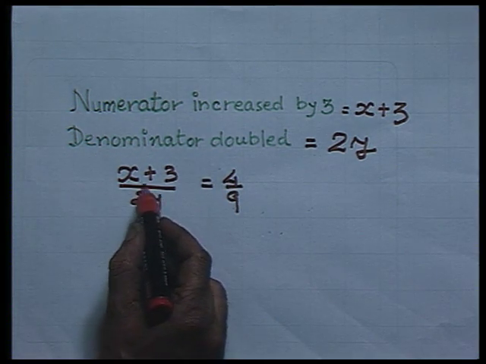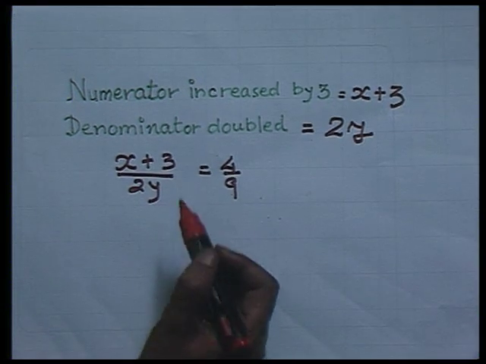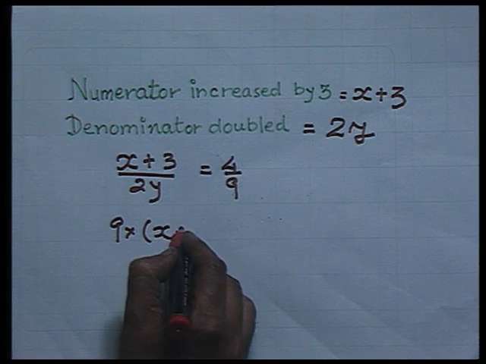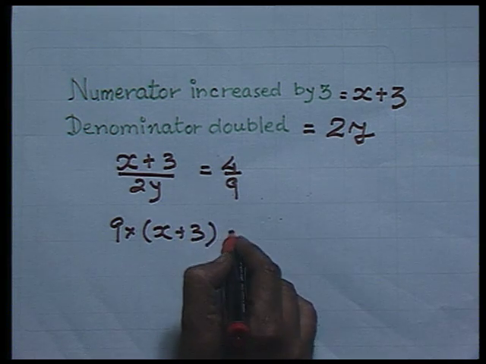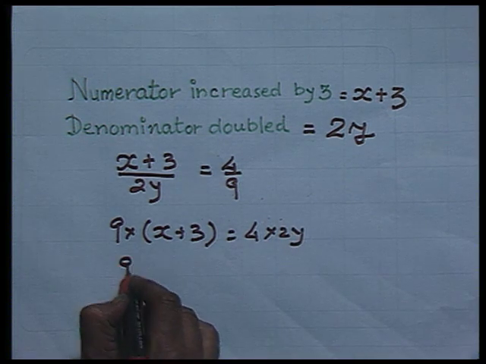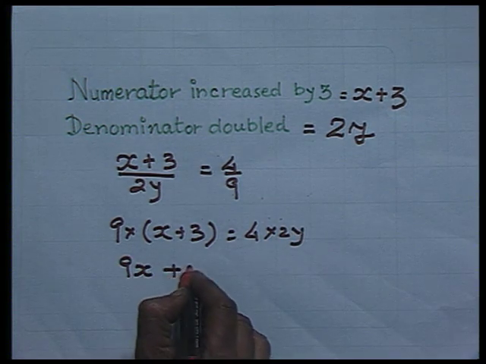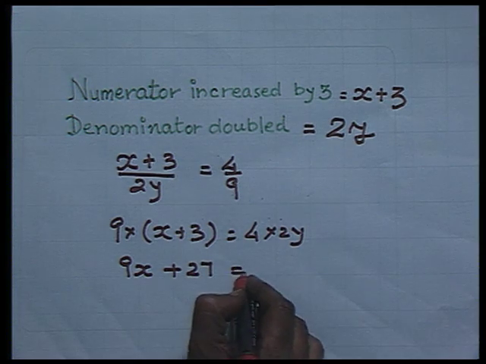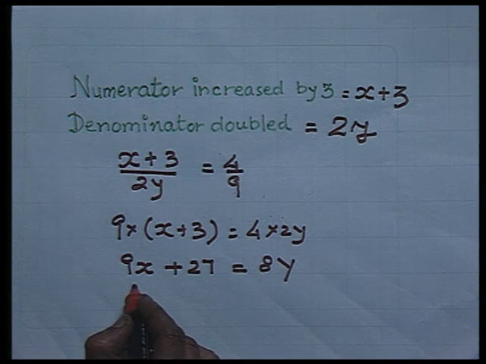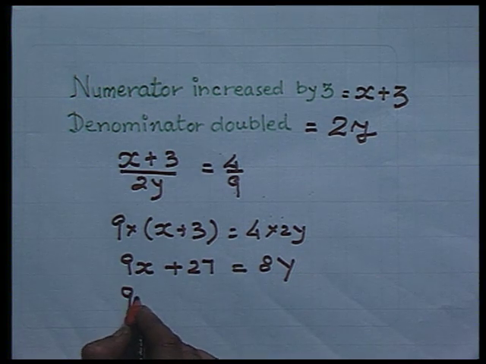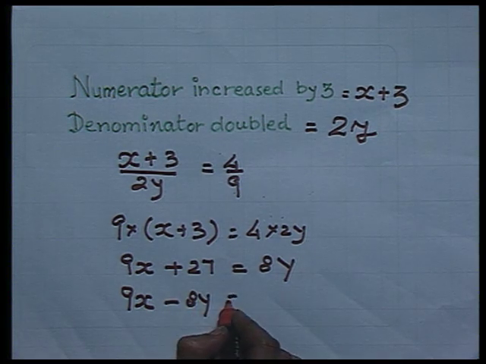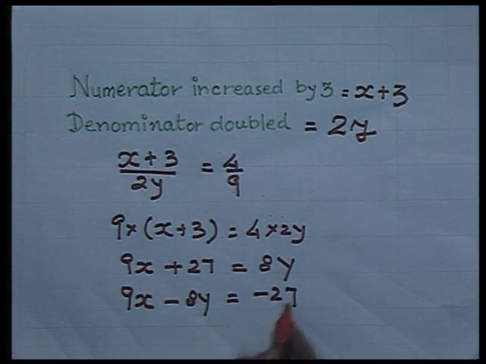Now, this is an equation involving two variables x and y, which can be simplified as 9 times x plus 3 equals 4 times 2y, that is 9x plus 27 equals 8y, and on transferring this 8y to the LHS, we get 9x minus 8y equals minus 27.